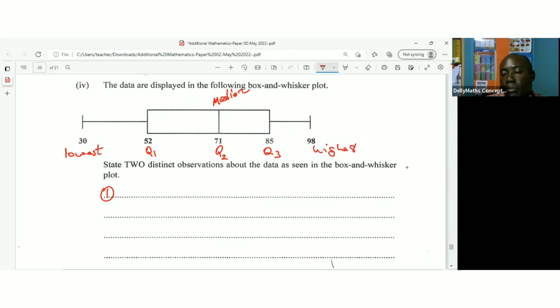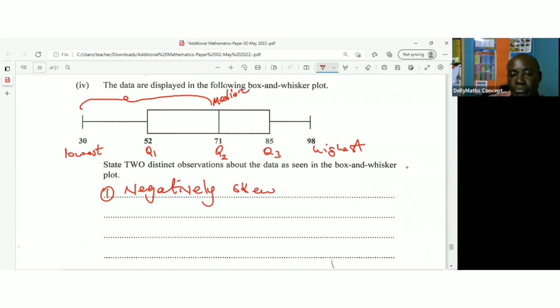All right. So let's quickly look at that. We could see this thing here is showing us all of that. So one, we could say the data is negatively skewed. So we could see from the lowest to the median compared to the median to the highest, there's a huge difference.